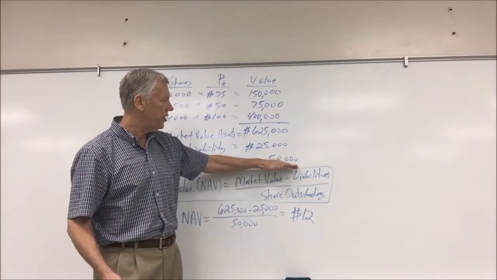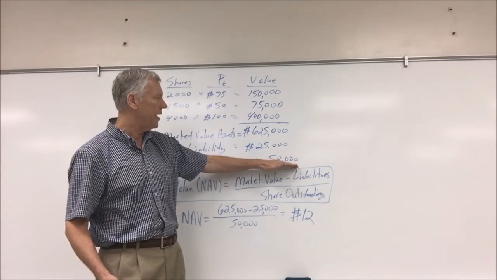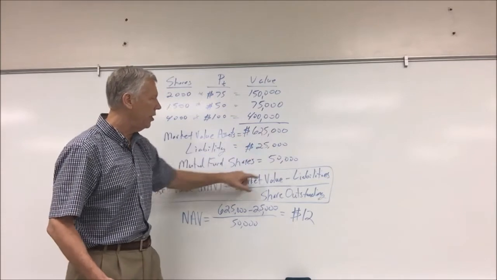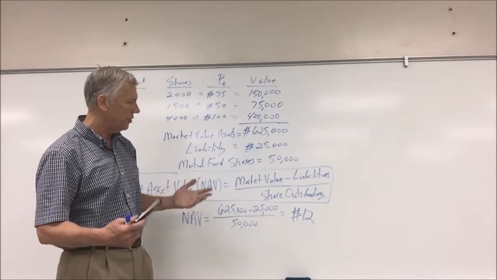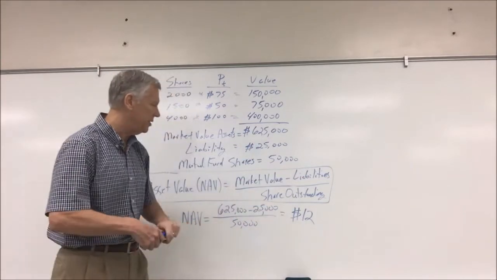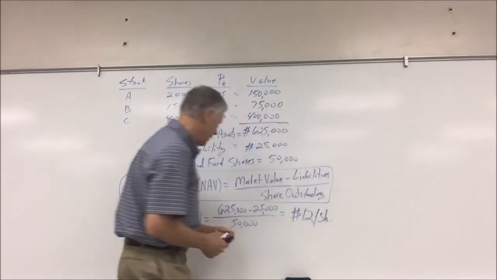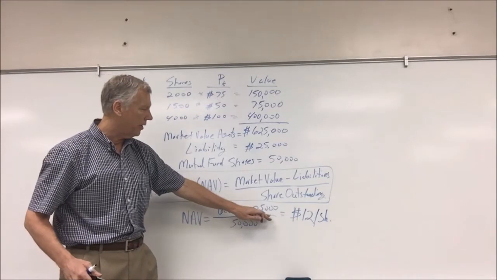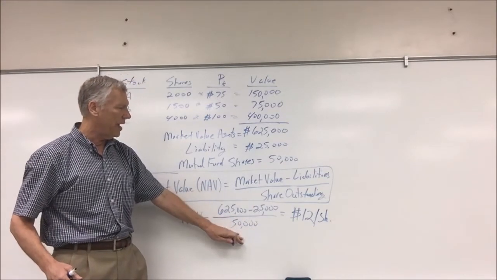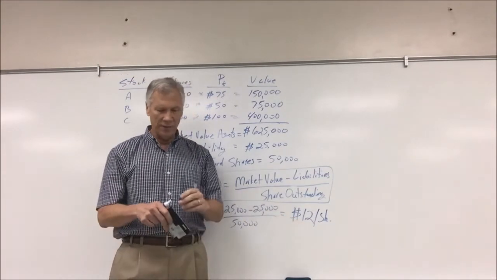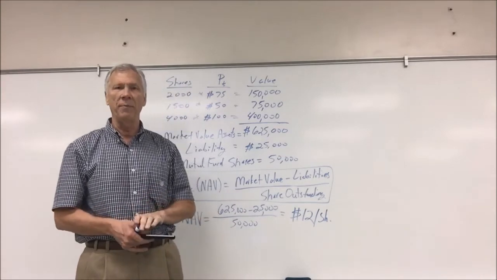So these shares outstanding here, we're going to say it's 50,000 shares, have a claim on this money. So what's their claim? Well, on a per share basis, if we subtract it out here, what we find is 625,000 minus their liability divided through by 50,000 gives us a value of $12 per share.